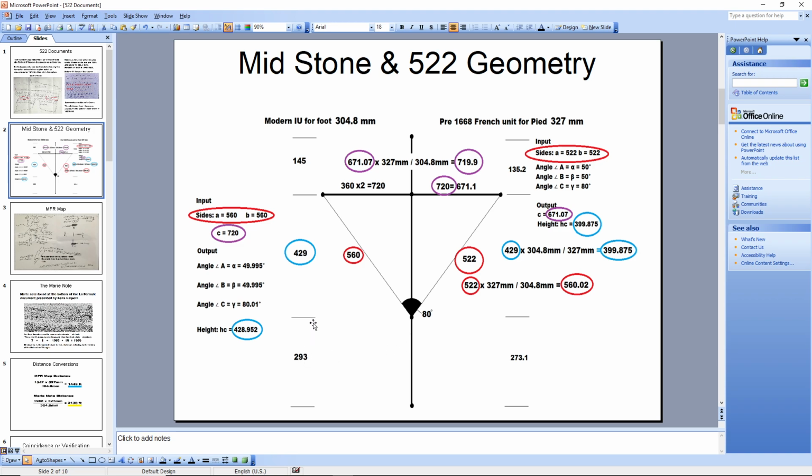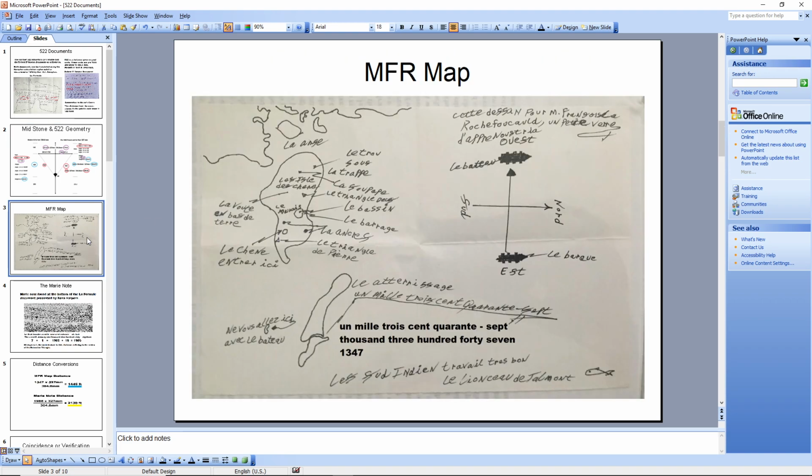And what I want to show you next is the distances that are associated with the MFR map. This stands for Monsieur Francois Rochefoucauld. We've all seen this. These are the relative positions of the discoverable points for the Oak Island mystery that are written in French.